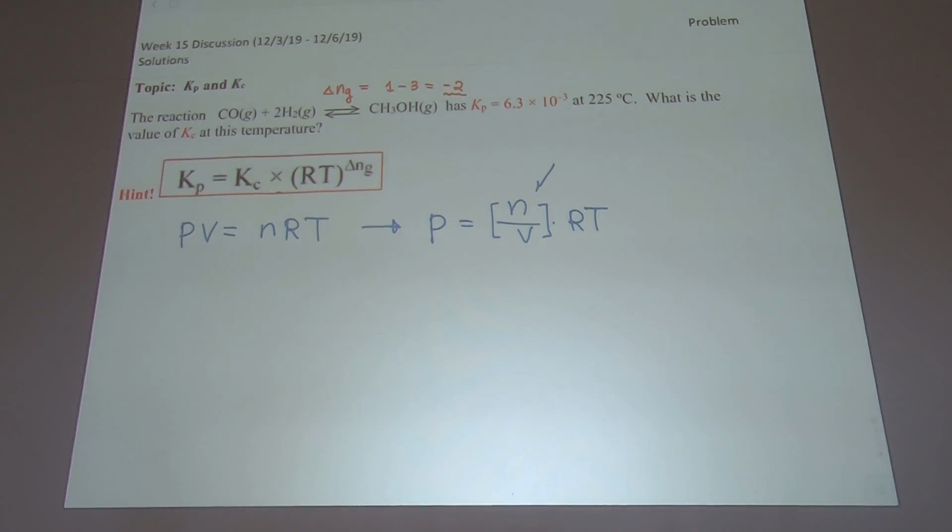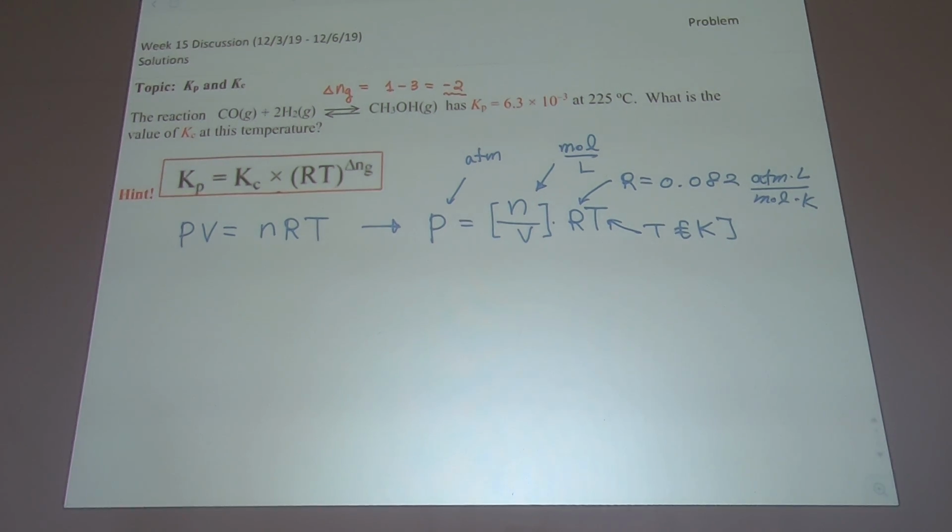What's this? This is moles per liter, right? And if I use atm for my pressure, this R should be 0.082 atm liter per mole Kelvin. And T has to be in a unit of absolute temperature. Okay.